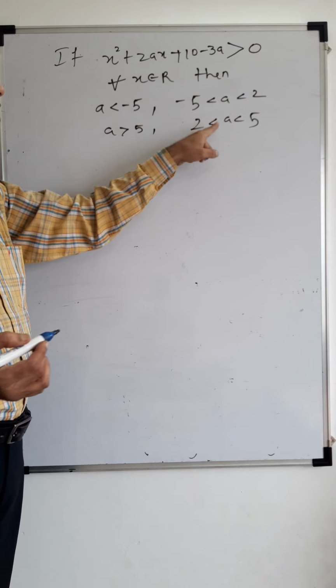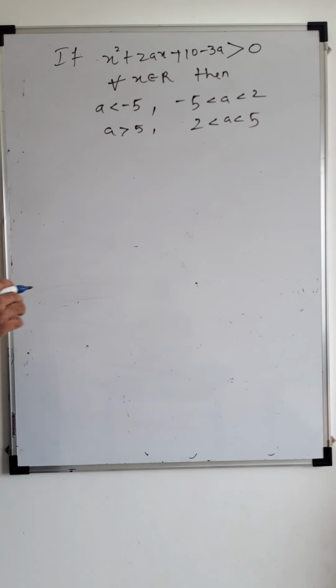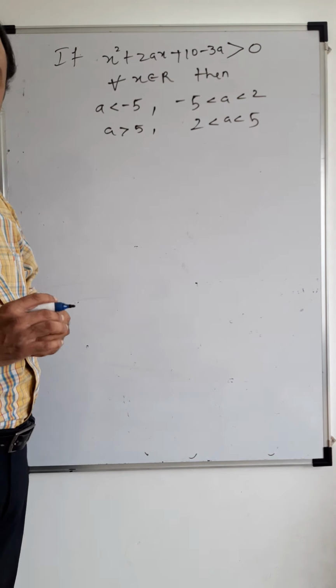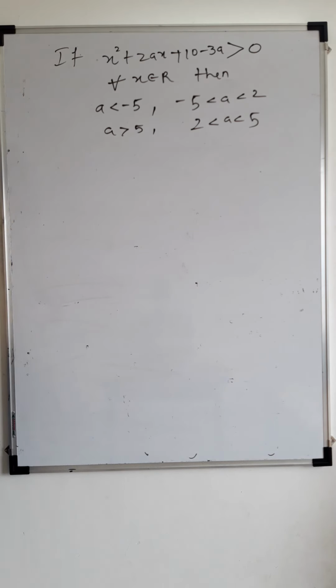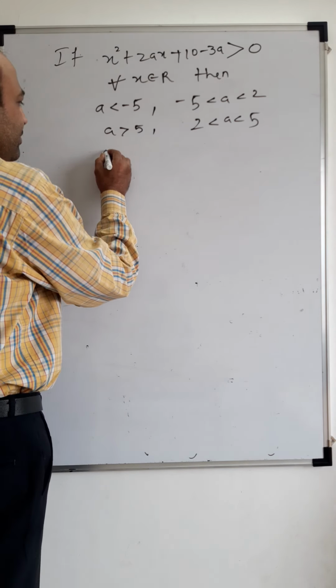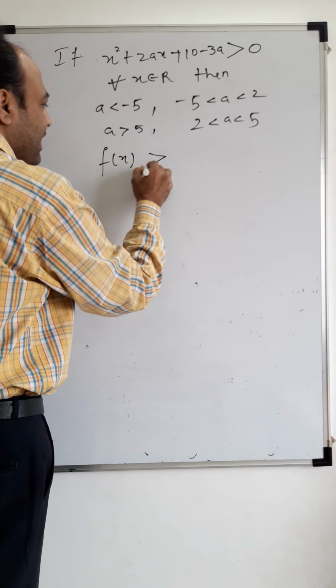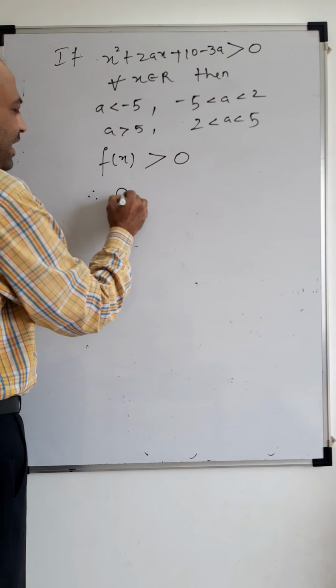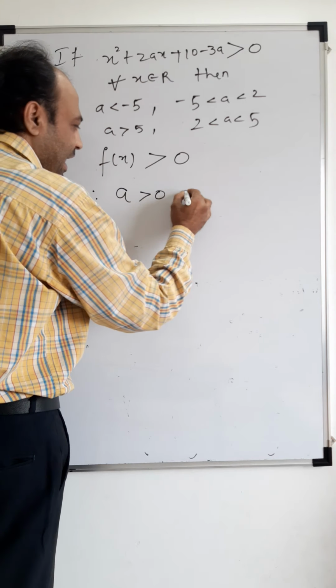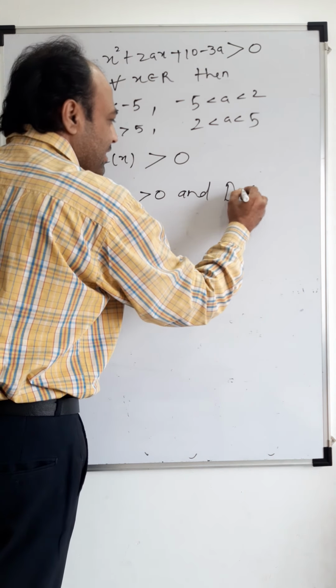This or this. Fine. So we have just seen that f(x) is greater than 0. That means f(x) is positive. Your quadratic expression is positive. So when f(x) is positive, what happens? We have seen a greater than 0 and D less than 0.